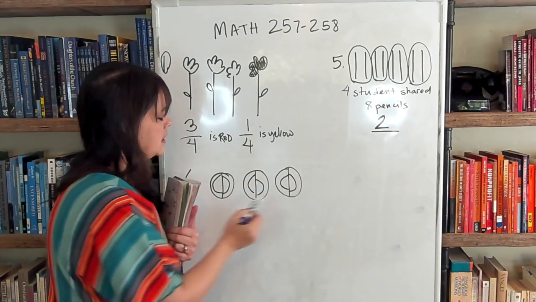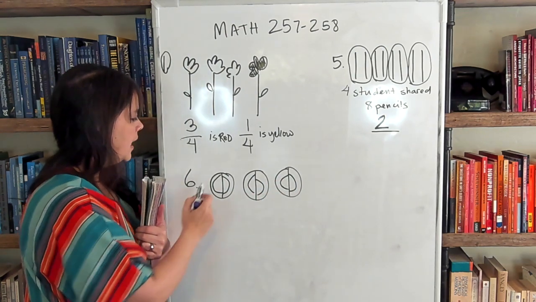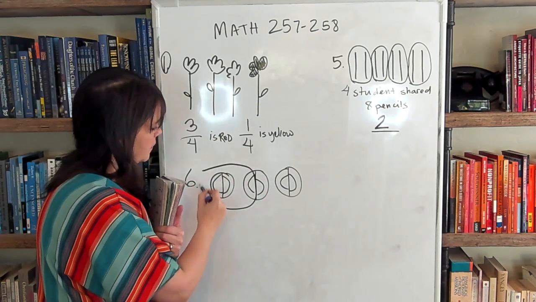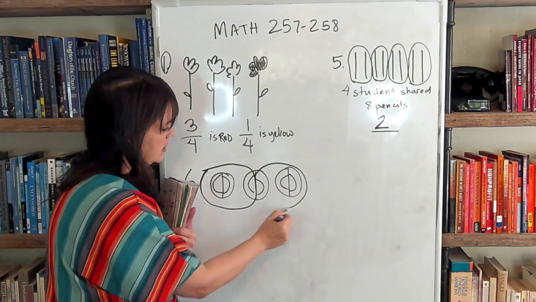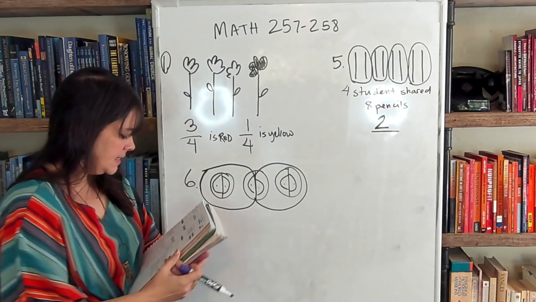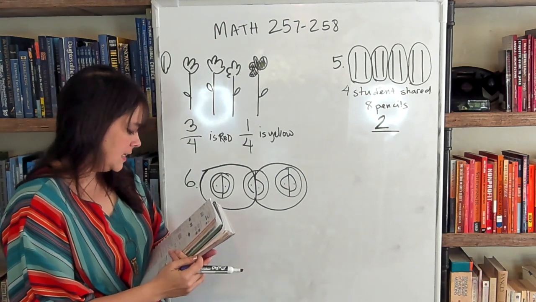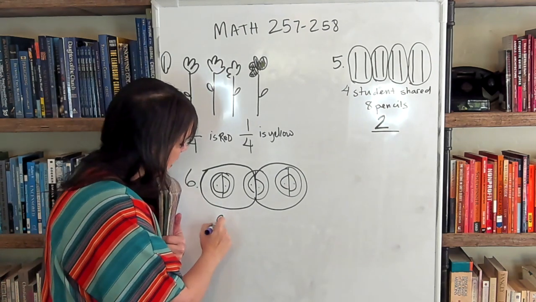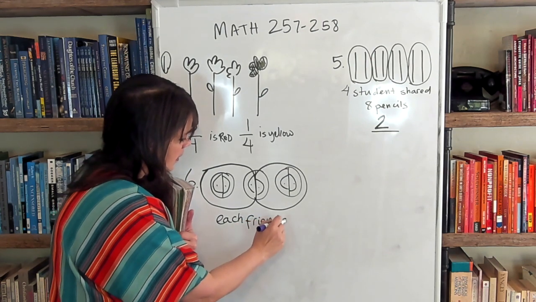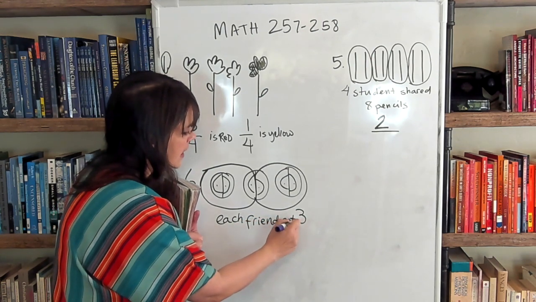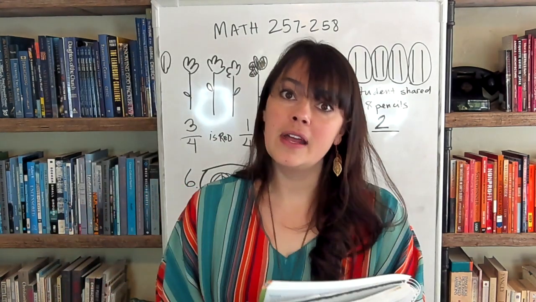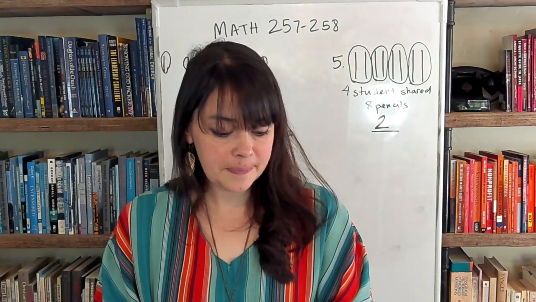So if you have 6 pieces of funnel cake and 2 friends, how could you divide this? Each friend gets 1, 2, 3 pieces. 2 friends shared 6 pieces of funnel cake, and each friend got 3 pieces. Okay, so we divided that into an equal share.